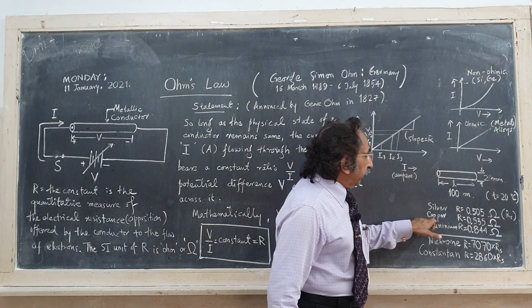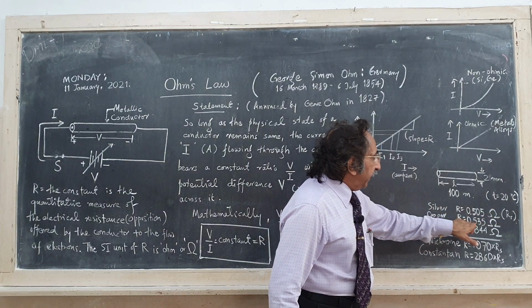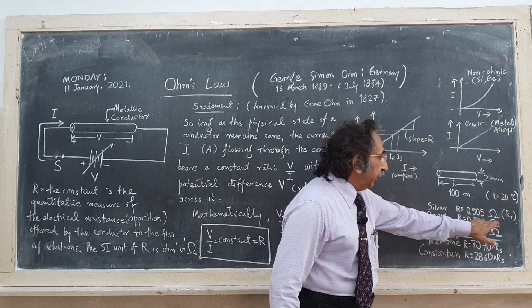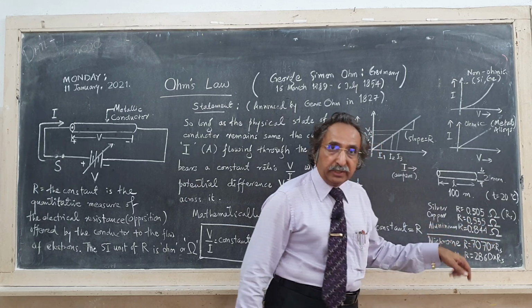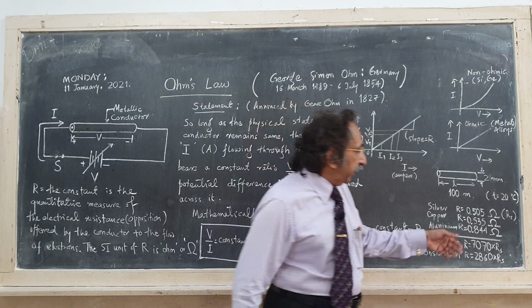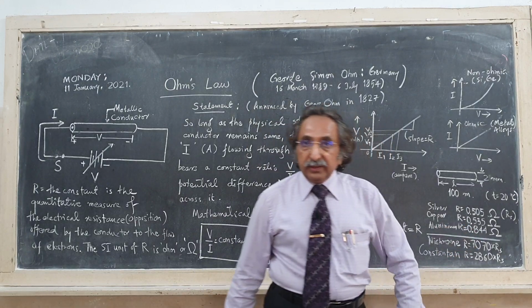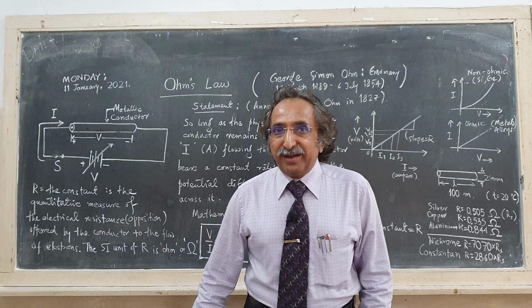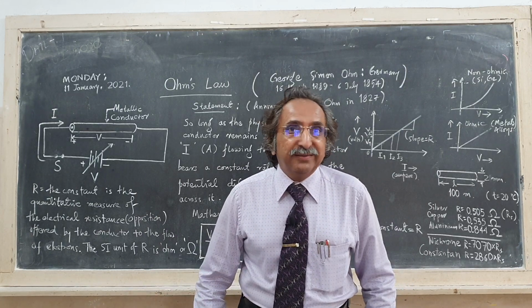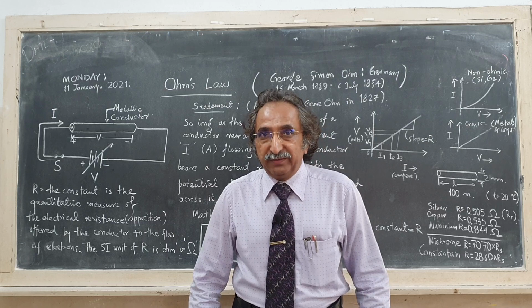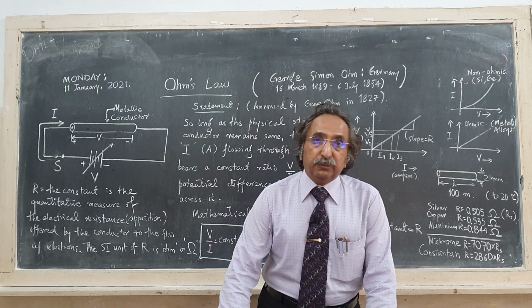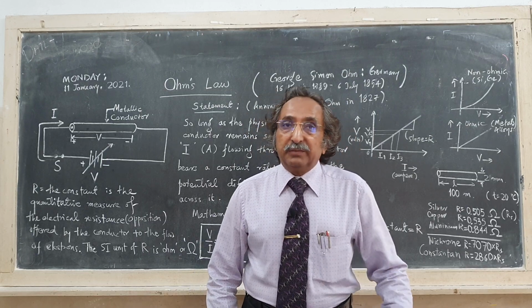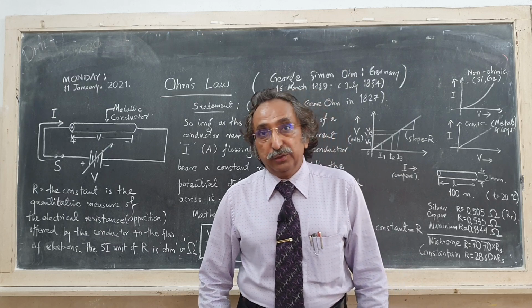For copper, the resistance will be slightly higher, 0.535 ohms, and for aluminium it will be still a little higher, 0.844 ohms. That prompts us to use silver as our conductor in household appliances, but as you know, silver is very expensive, so it is used only in specific devices where some other chemical properties of silver are useful.